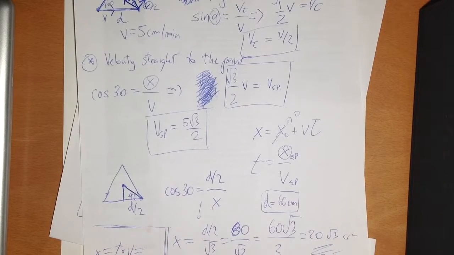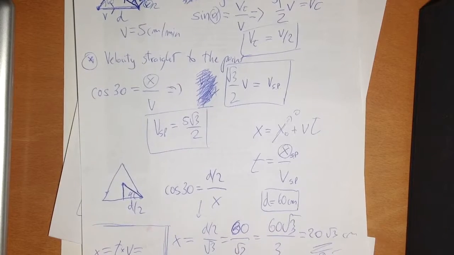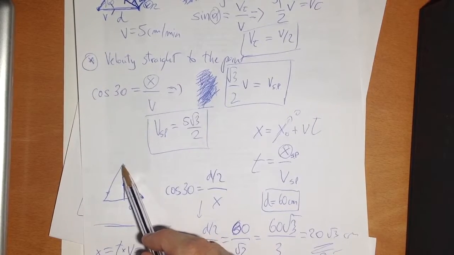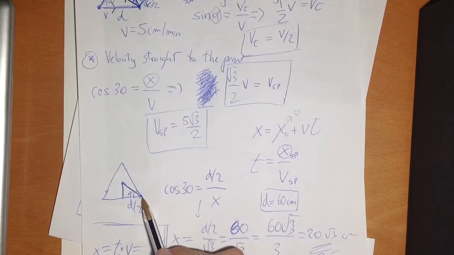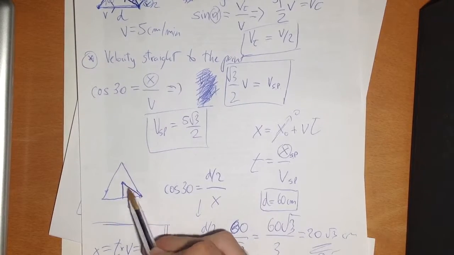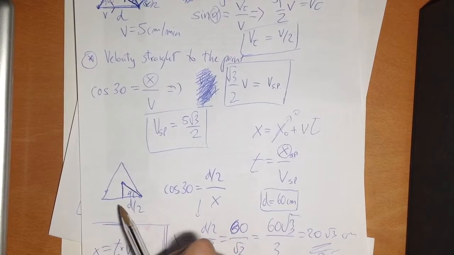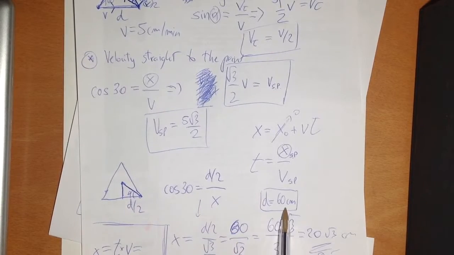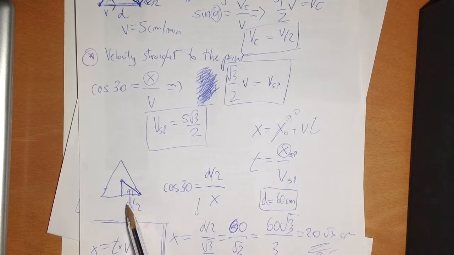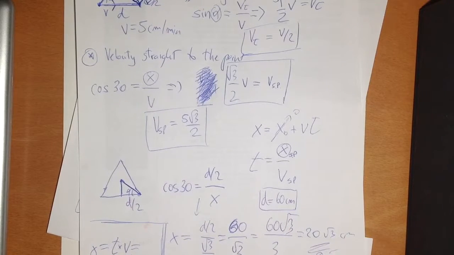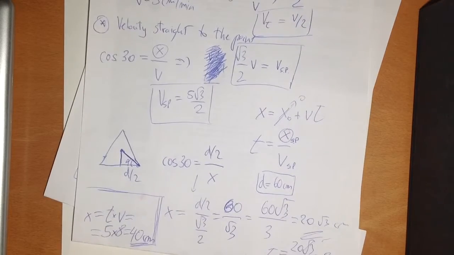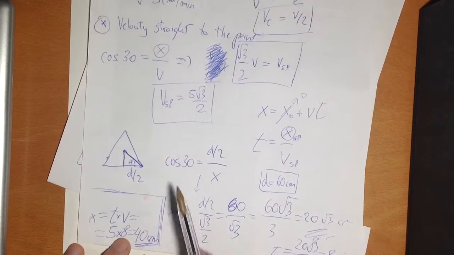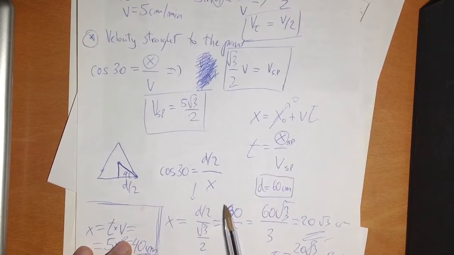I chose this vertex for convenience, but I could have chosen this one or this one. We know this distance is 60 centimeters, as the exercise provides. We just have to do trigonometry once more, but as you can see, it's not difficult. You just have to apply basic high school geometry.